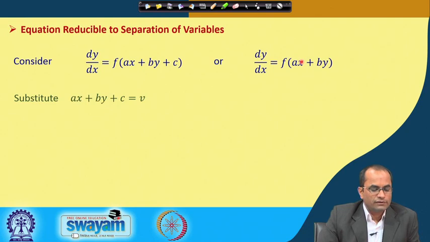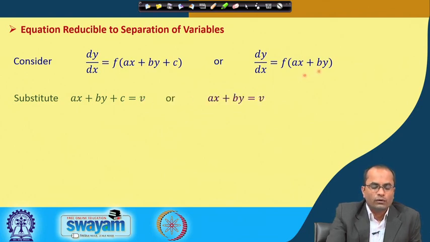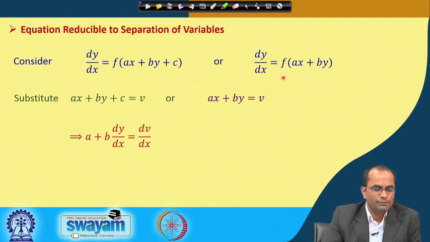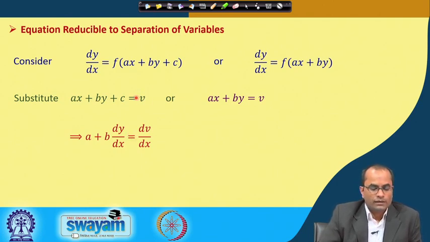So, in either case, when we substitute, let us say ax plus by plus c is equal to this new variable v, or in this case ax plus by is equal to v, what will happen? If we differentiate this to get the relation for dy over dx: a times x gives just a when we differentiate, here b dy over dx, and c is a constant, so 0, is equal to dv over dx.